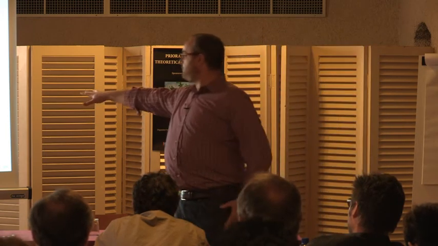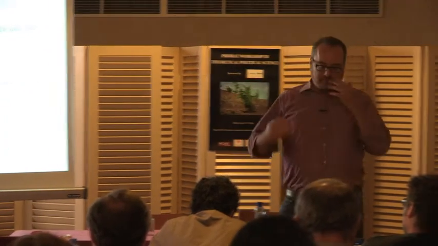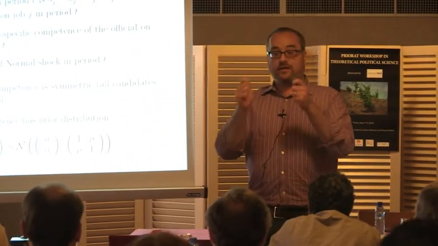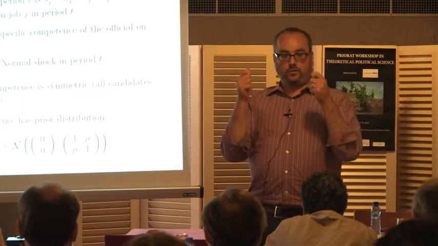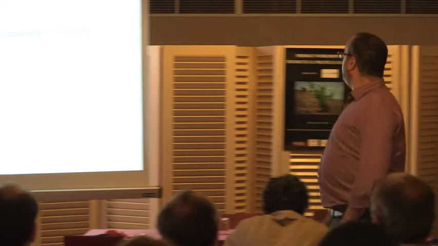So this is the prior distribution on the abilities. They're distributed each with mean 0, a variance of 1, and a correlation of rho. So the key thing is that the task-specific competences are imperfectly correlated. That's what's going to drive all the multitask stuff here.